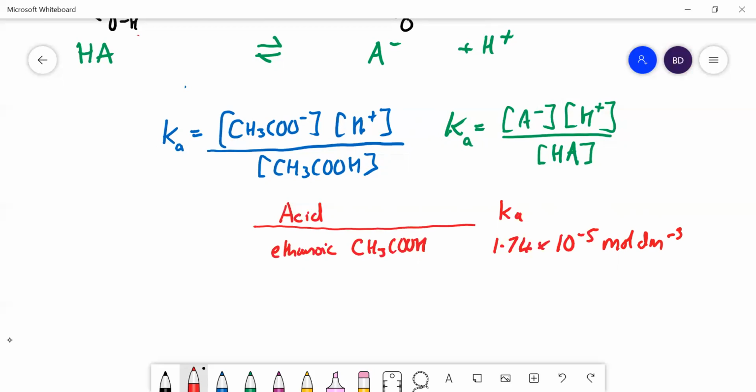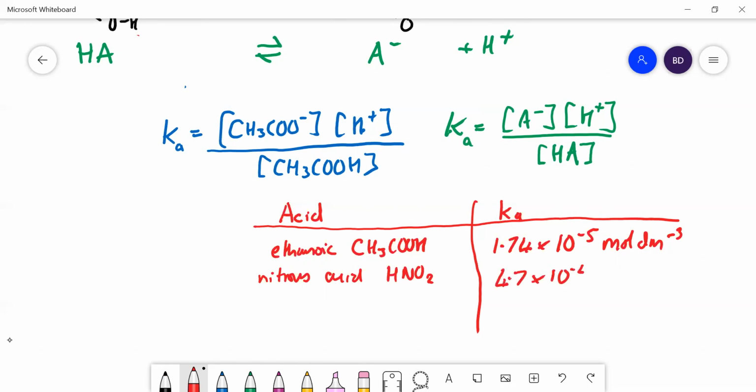So we've got ethanoic acid there. Let's have a look at another acid: nitrous acid, not nitric, which is a strong acid. Nitrous acid is HNO2, so its conjugate base would be NO2-. The value for that is 4.7 times 10 to the minus 4 mole per decimeter cubed.